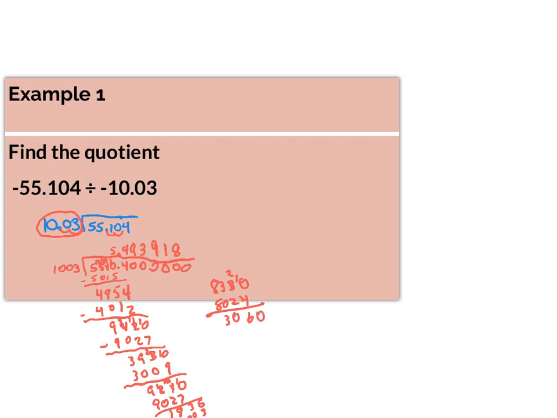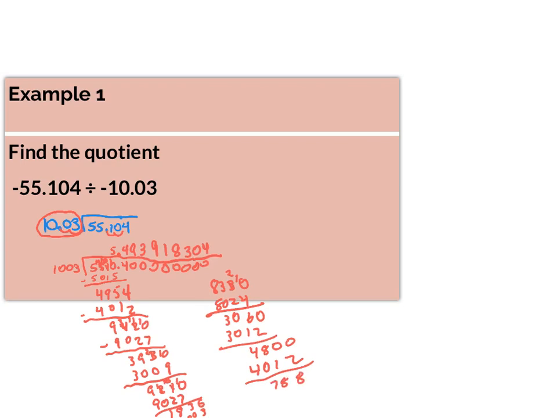Put a 0. 3 times 1003 is 3012. 60 minus 12 is 48. 480 is smaller, so you've got to put a 0 here, put another 0. 4,800, we get 4. 4,012. 800 minus 12 is 788.